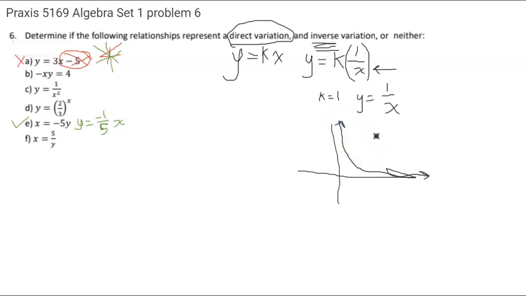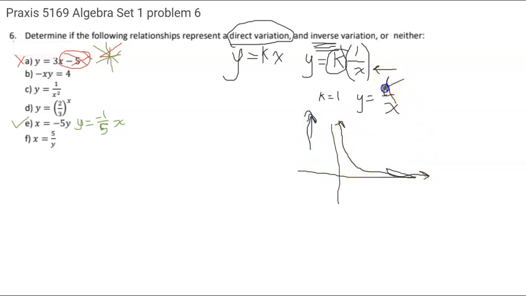That's the basic inverse relationship. Now there can actually be a k. All the k does is scale it up by a multiple, stretch it up by a multiple, or squish it down by a multiple.